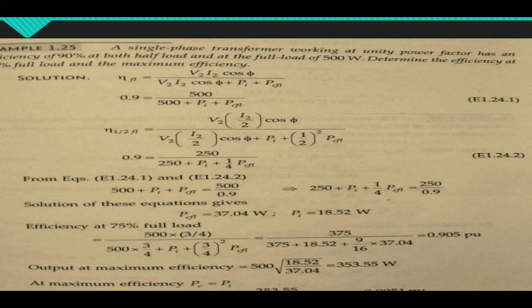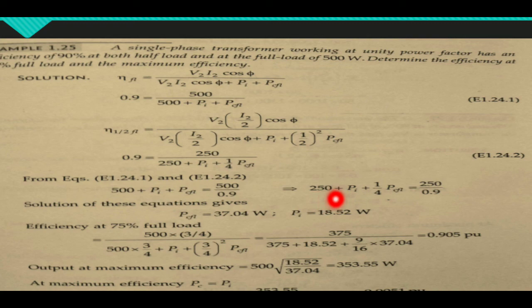So from this equation we can write that 500 plus Pi plus PCFL equals 500 by 0.9. That is the first equation.